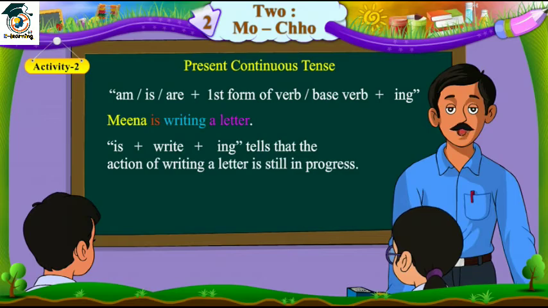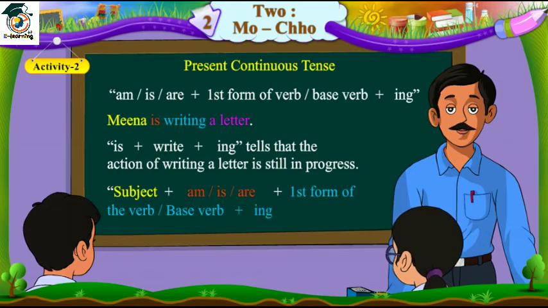So students, the format of present continuous is subject plus am, is, or are plus first form of the verb or base verb plus ing plus object. Come on, students.